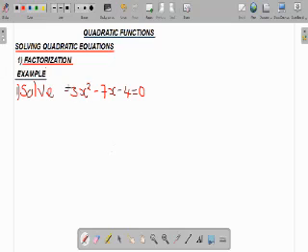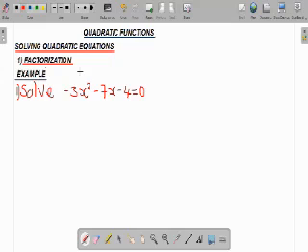Now, in this quadratic function, it won't always be that you can use the factorization method in order to solve the function. Apart from factorization, there are two other methods: the completing the square method, and the formula method, where we use a formula.